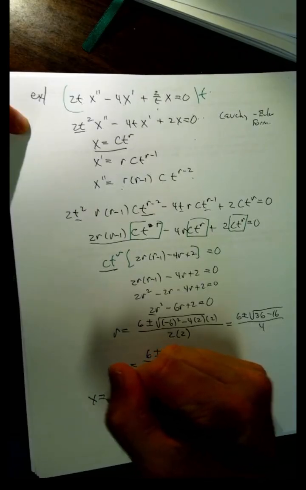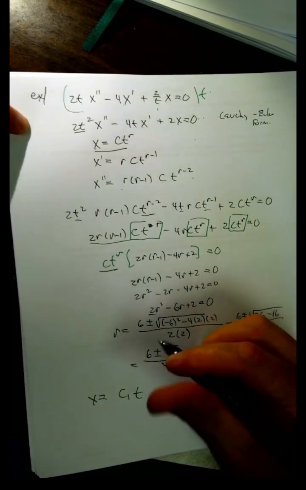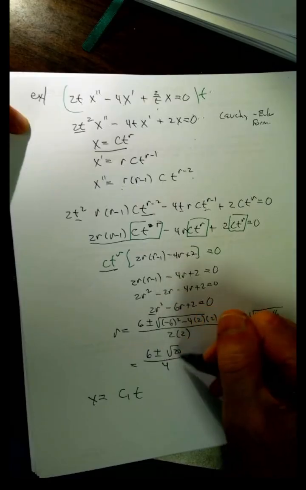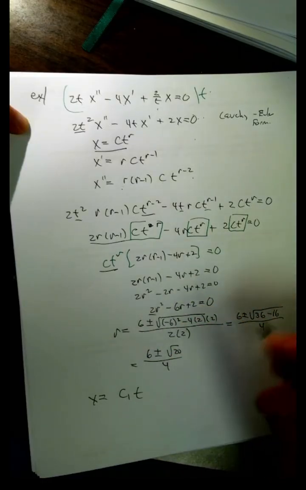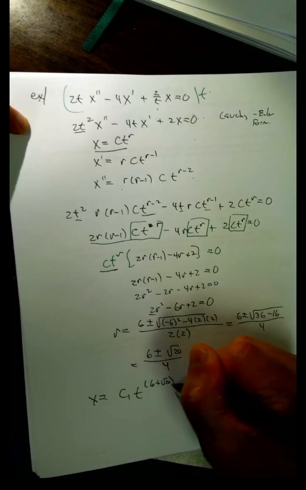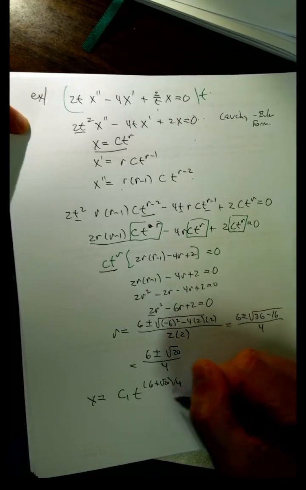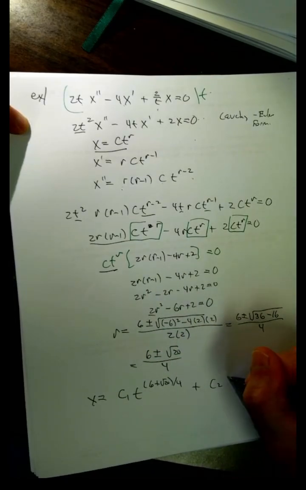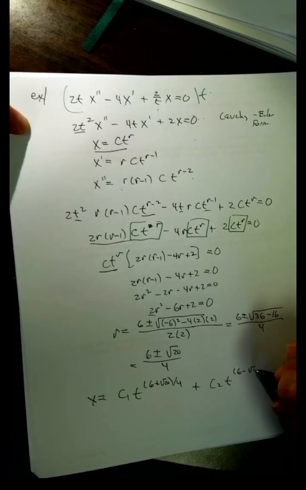So my solution then is c1 times t, and I have two solutions for my r, so I can just take a combination. I'm going to have 6 plus square root of 20 over 4 for that exponent. And for the second exponent, I'm going to use 6 minus square root of 20 over 4.